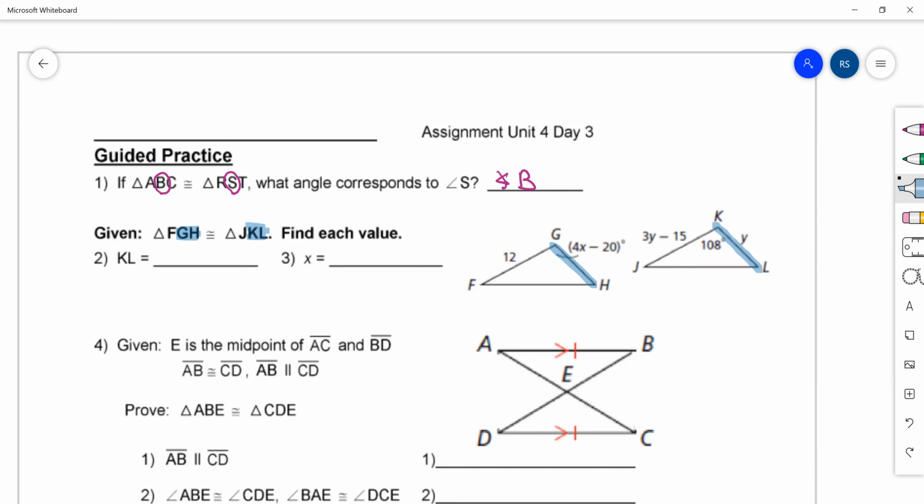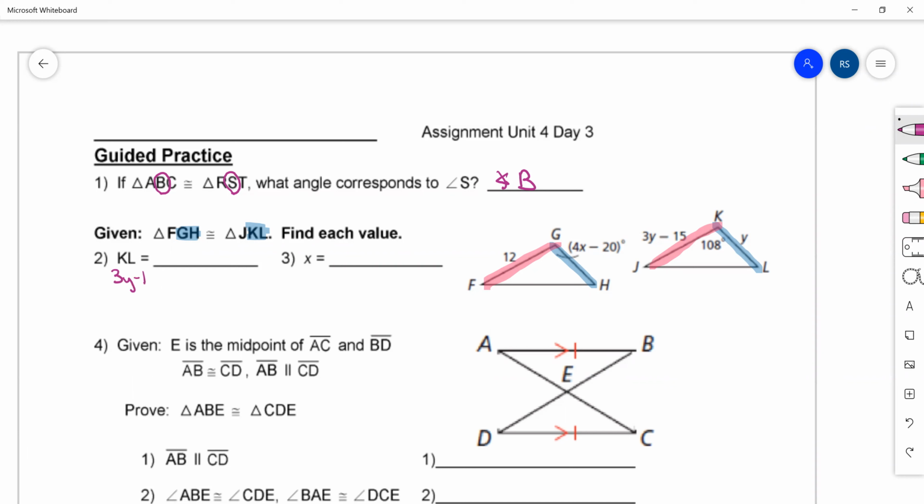So that means I've got to look at another set of parallel lines that maybe will help me. So over here, they tell me what FG is. What does FG go with? JK. So that's what I'm going to have to use to get Y.